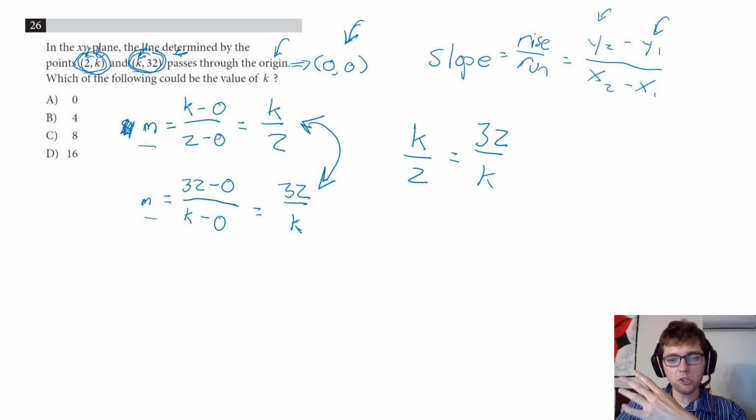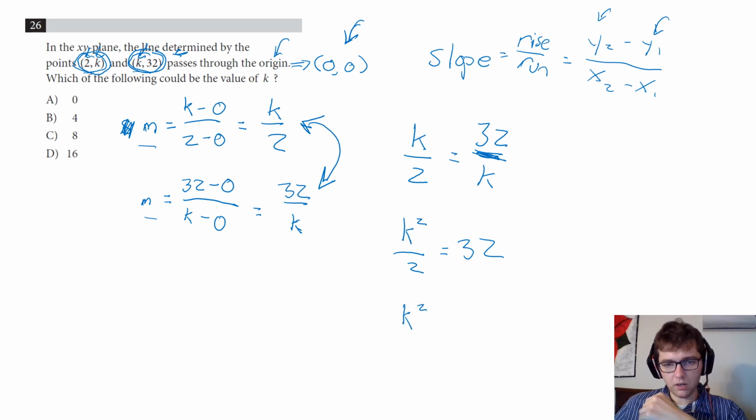Start by multiplying both sides by k to get the k out of the denominator here. You'll have k squared divided by 2 is equal to 32. Multiply both sides by 2. You'll have k squared is equal to 64. 32 times 2 is 64.